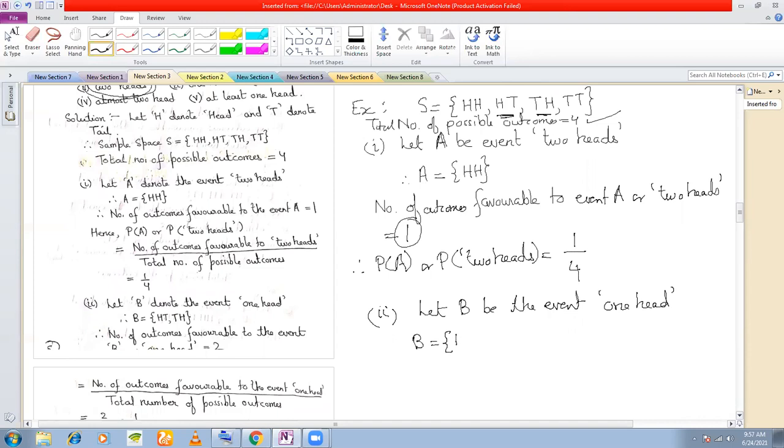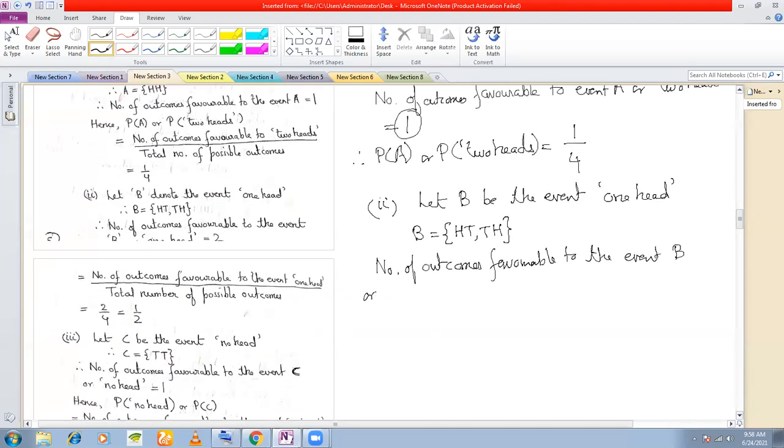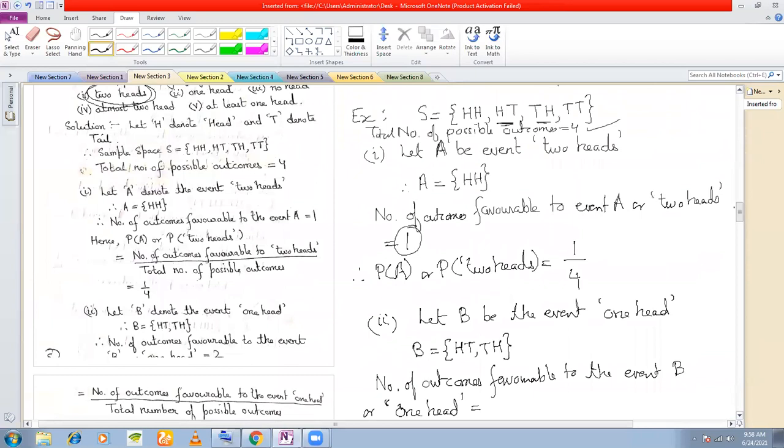So we have HT and TH. The number of outcomes favorable to the event B, or one head, is equal to, what is the numerator?